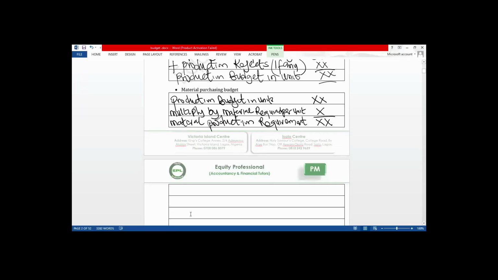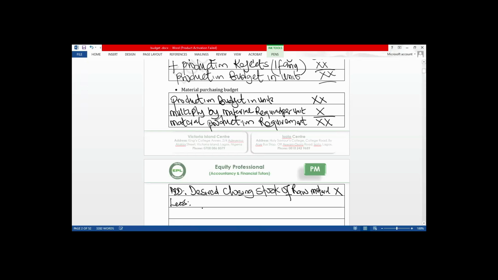When you are done, add desired closing stock of raw material. X. Remember, there is difference between finished goods and raw material. For example, flour is a raw material. Your bread is the finished goods. So you are going to now pick your desired closing stock of raw material, add it.